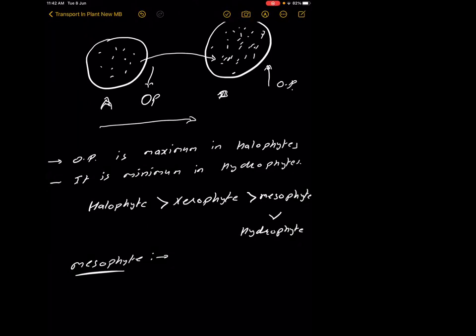Mesophytes means the plants grow in normal environmental conditions, means optimum conditions, normal temperature, normal soil solution, normal concentration.